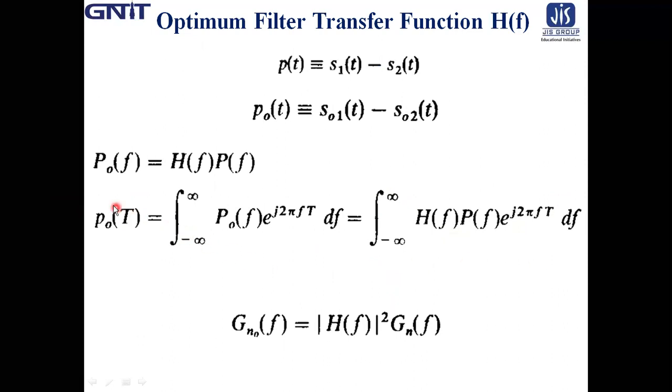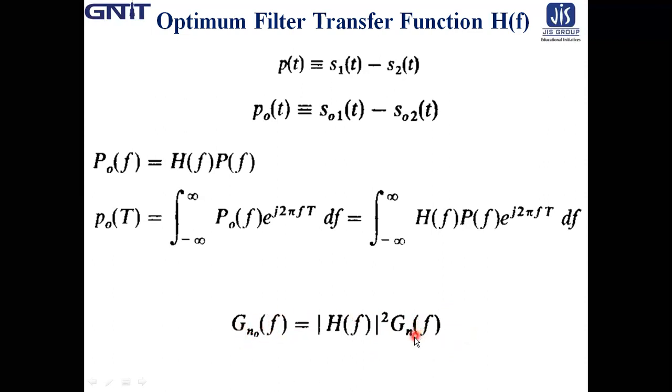See, p(t) is the input signal and p0(t) is the output signal, and here it is simply a multiplication of the Fourier transform. In the case of the Fourier spectrum, it is P0(f) for the signal, but in the case of noise power, it is |H(f)| square, because it is a power spectral density.